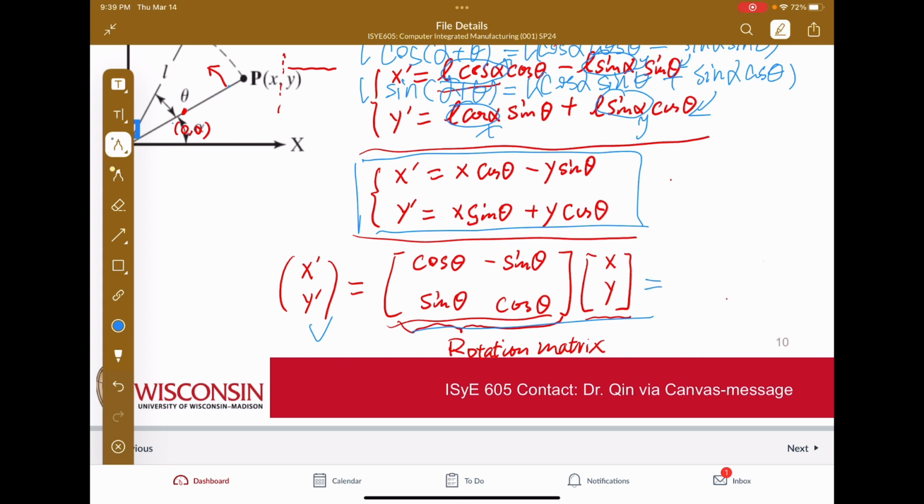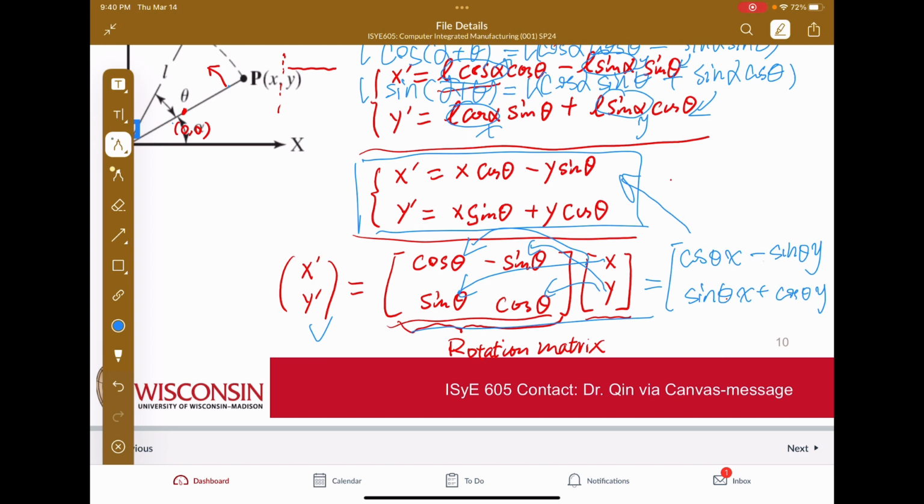If you want to validate it, you can multiply it out, and you will have cosine theta x minus sine theta y, and sine theta x plus cosine theta y, which equals this. So we validated it.